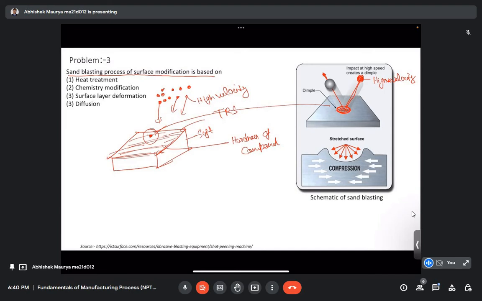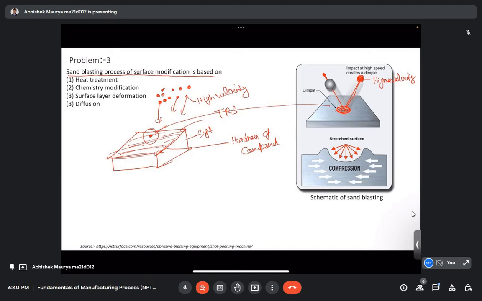We know if a metal deforms plastically, its strength increases and the material becomes hardened. That is called work hardening or strain hardening.